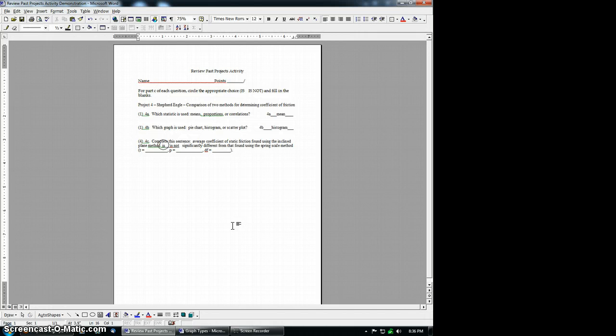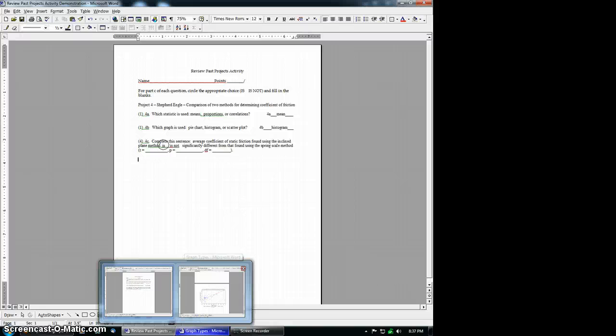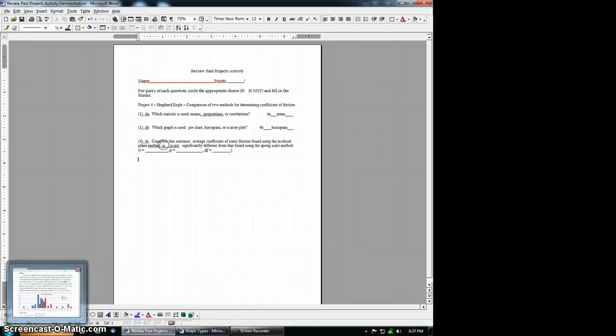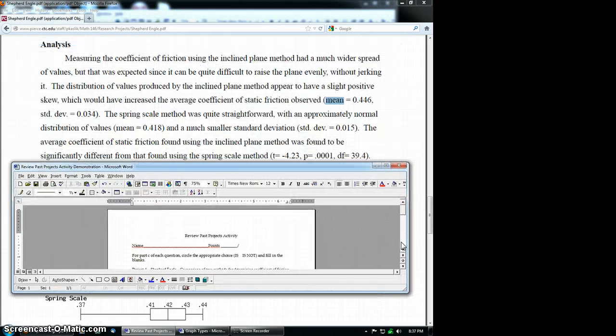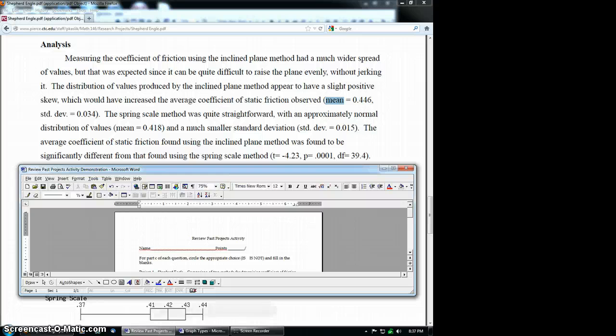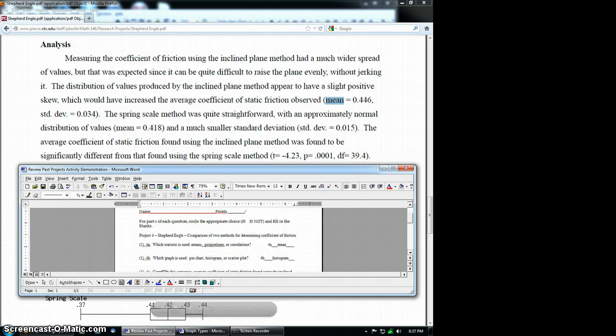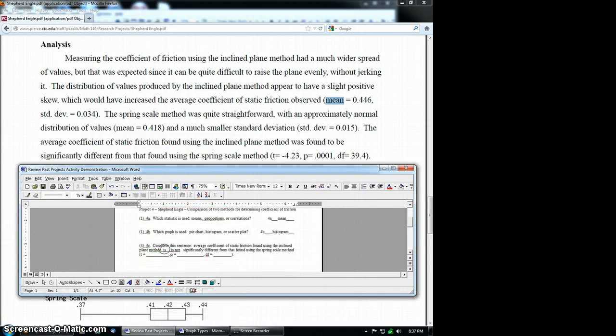And then it asks us for some information. And while these are important, it's a little too early to explain what they mean. But we'll just take it right off of Shepherd's information. So t is equal to minus 4.23.